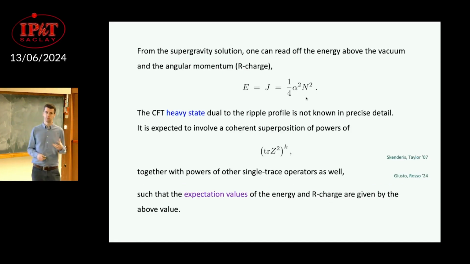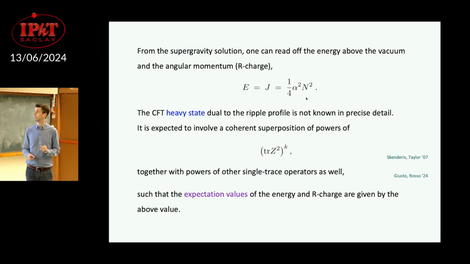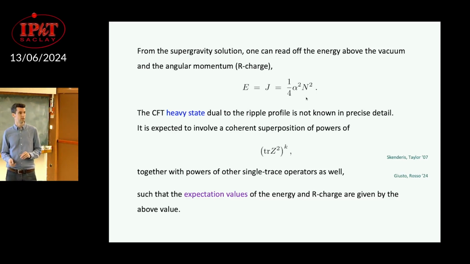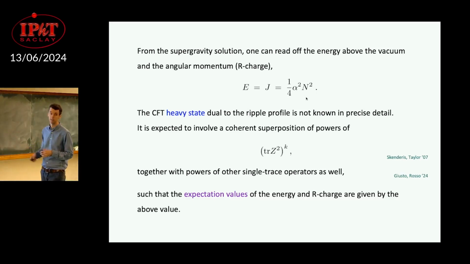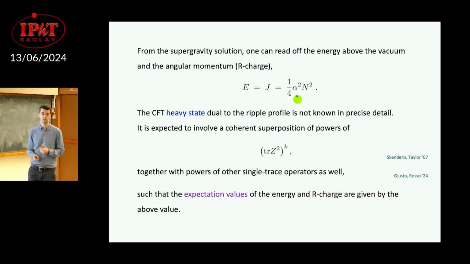And so from the supergravity solution, one can also read the energy above the vacuum and the angular momentum. So when alpha is order 1, this is a heavy state, but I'm taking alpha small. So if I take alpha small but not scaling with n, this is sometimes called a perturbatively heavy state. So the dimension scales like n squared, but with some small coefficient.